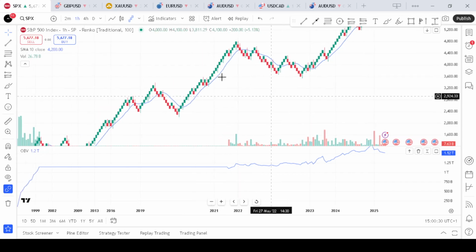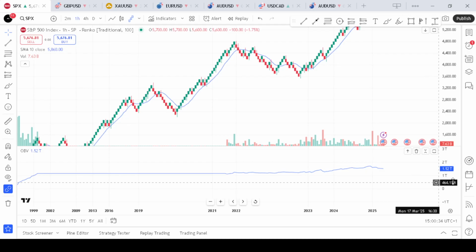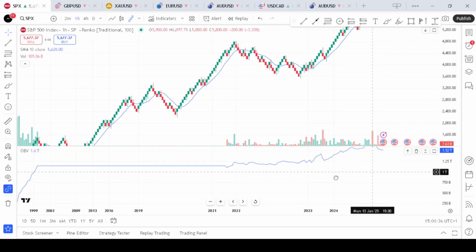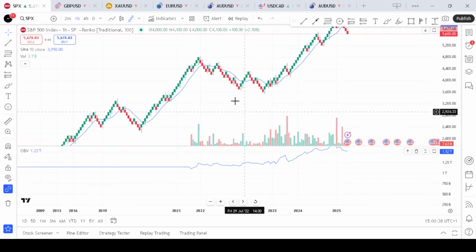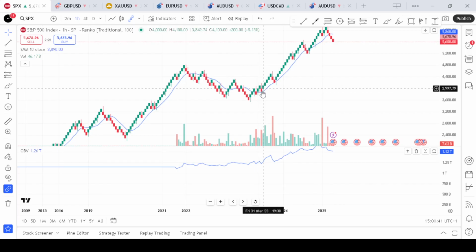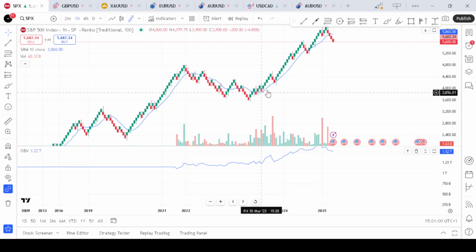Now, let's take a trade and see how we can apply this to the real market. As we can see in this area, price is above our simple moving average. We checked our unbalanced volume indicator, and we can see it is creating a new high in this area, signaling that we are truly in an uptrend, coupled with the fact that price is trading above our simple moving average.